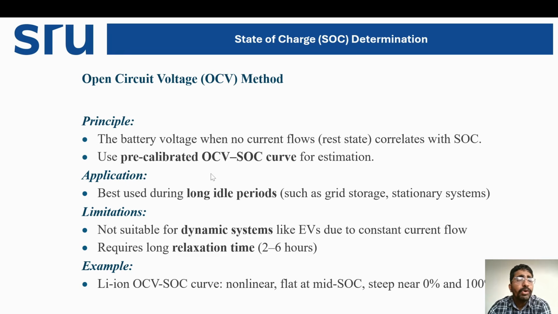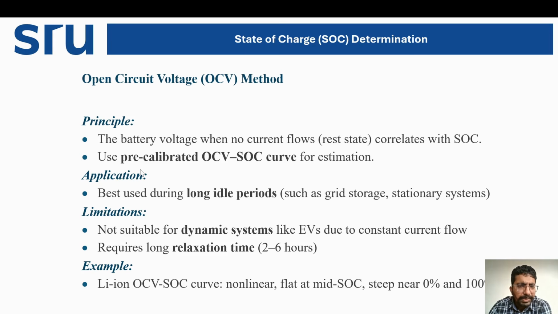Under the offline condition, when we are not draining or charging the battery, if we are able to measure the terminal voltage, because under steady state condition the terminal voltage is expected to be steady and fixed, it won't vary. So it is measured, and we already have a lookup table: with respect to the terminal voltage, what is the expected state of charge? From that curve we can find out the value of the state of charge.